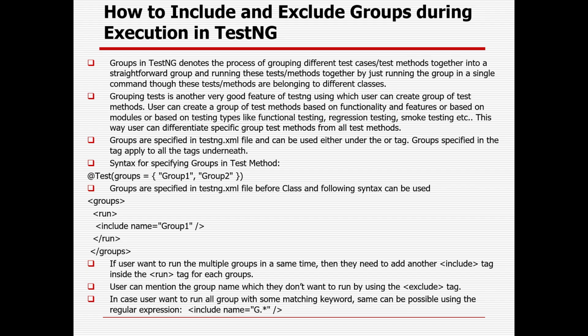Instead of running the whole suite, whatever requirement is there, I can run just that and get the result quickly. So grouping tests is another very good feature of TestNG, using which a user can create groups of test methods based on functionality and features, or based on modules, or based on different testing types like functional testing, regression, smoke, end-to-end, integration, etc. This way, the user can differentiate specific groups of test methods from all the test methods.